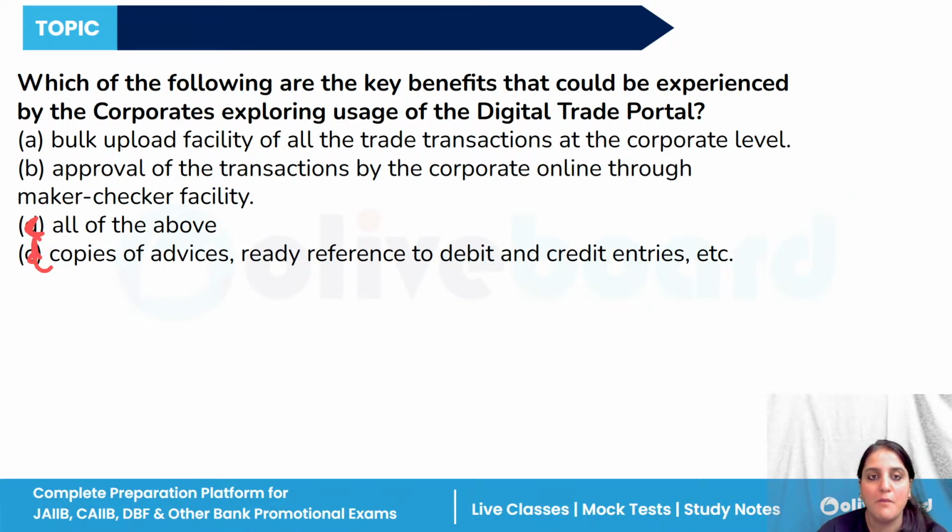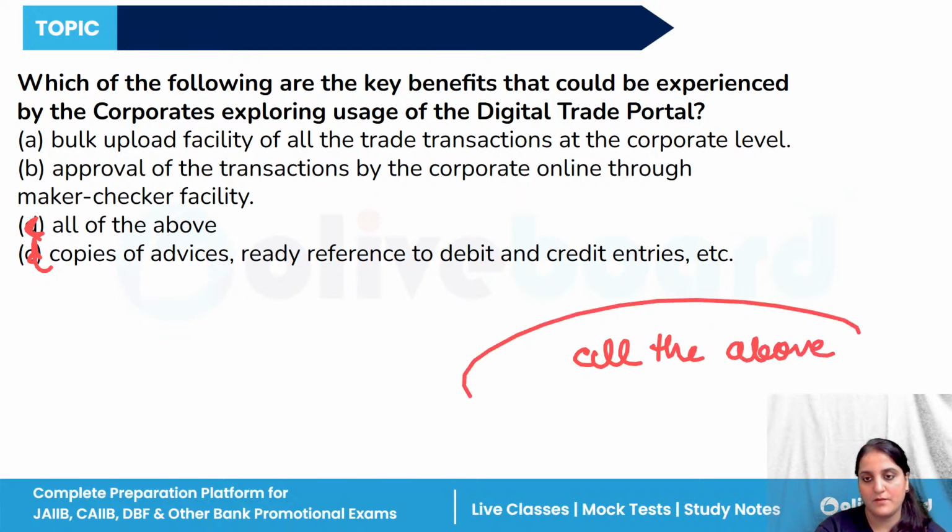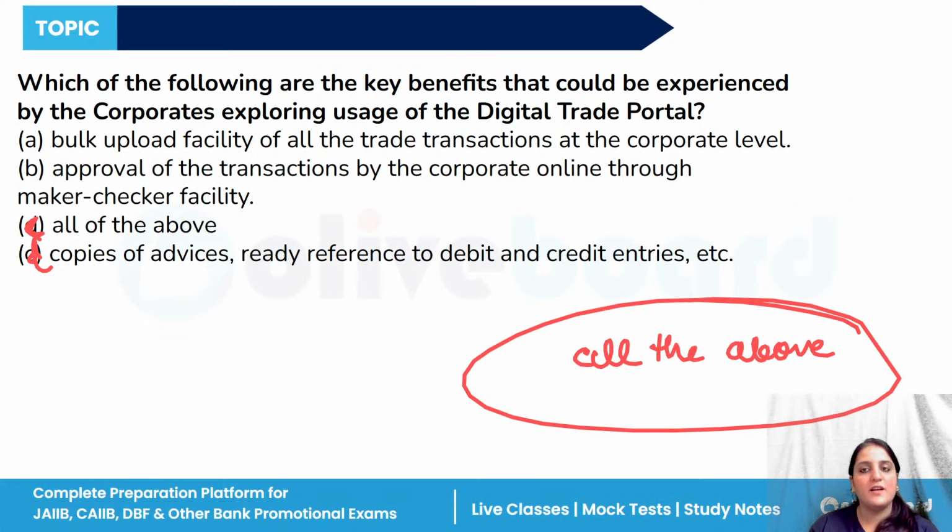The key benefits: bulk upload facility of all the trade transactions enhances the efficiency by allowing corporates to process multiple transactions simultaneously, and also approval of the transaction by the corporate online through the maker-checker facility. This is also correct. All of the above is correct.